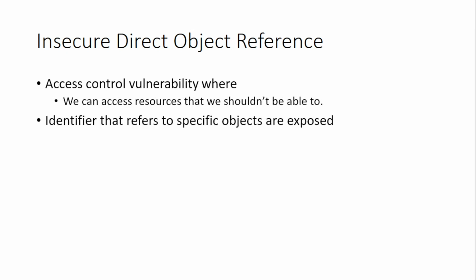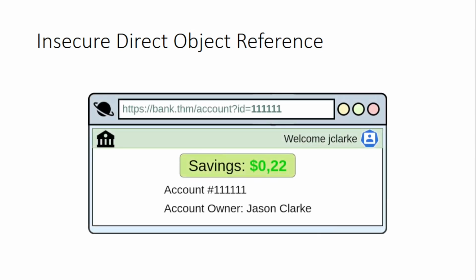IDORs, or Insecure Direct Object Reference, is an access control vulnerability where we can access resources that we shouldn't be able to, thanks to identifiers that refer to specific objects that are exposed. For example, let's say we are logging into our bank account, and after correctly authenticating ourselves, we get to this URL. You see that in the URL there is an ID equal to a number.